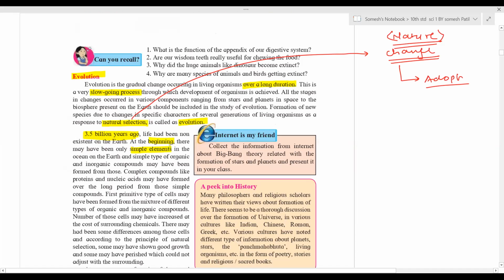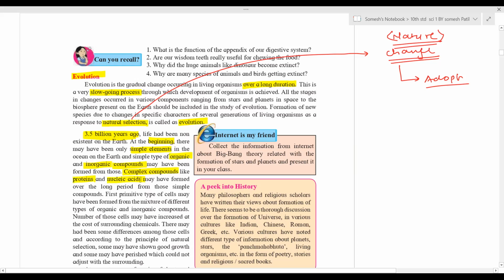So see, oxygen, nitrogen, I said. These are the simple elements we have. And from those simple elements, there are organic and inorganic compounds. It means there is a formation of compounds which might be organic or inorganic, and such compounds are further converted into complex compounds, and they form proteins and nucleic acid.